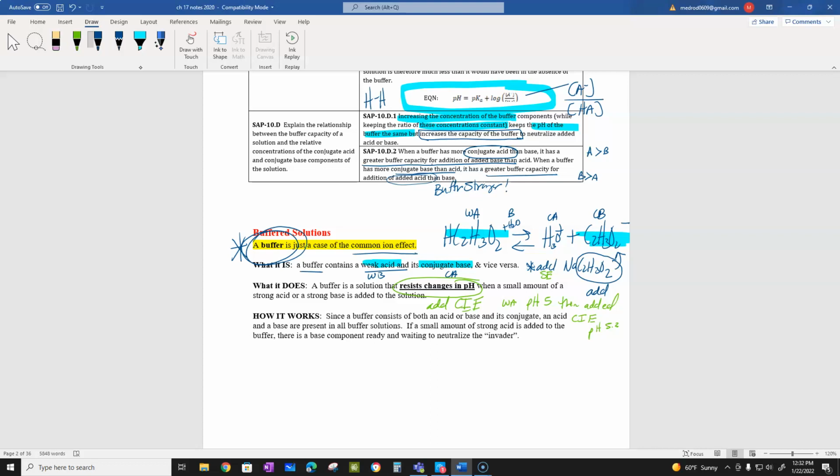It's not a big deal. It's not that I didn't add this common ion and the pH went to 10. That's not how it works. As long as you have a common ion with it, that resistance to change in pH is not going to make a big deal. And there's sometimes where scientists are creating an experiment where they're adding stuff to it and they don't want the pH to change much. And that's the point of it.